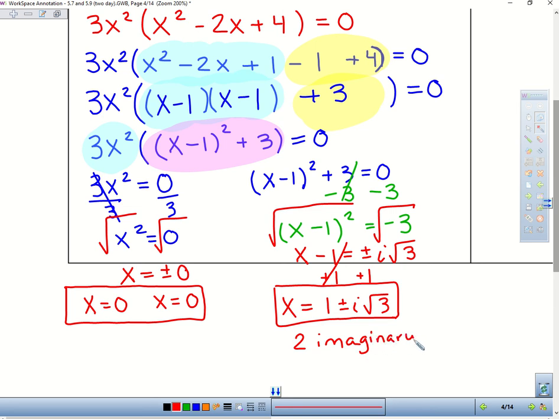And how many real solutions do we have? Two real. And they are the same, which means they have a multiplicity of 2. So with that information, what would the original degree of this polynomial be? It would be 4. Fourth degree. And is that what it was before we did anything to it?